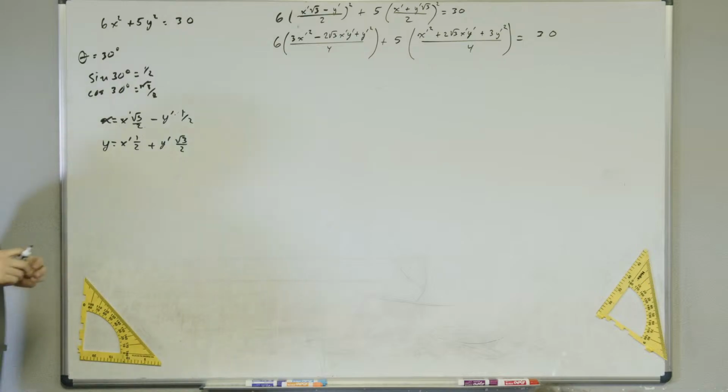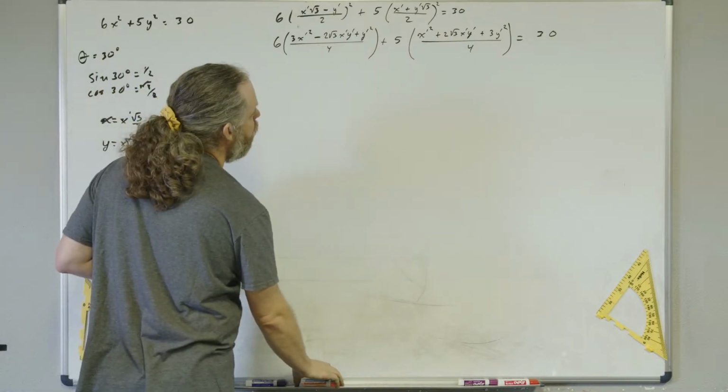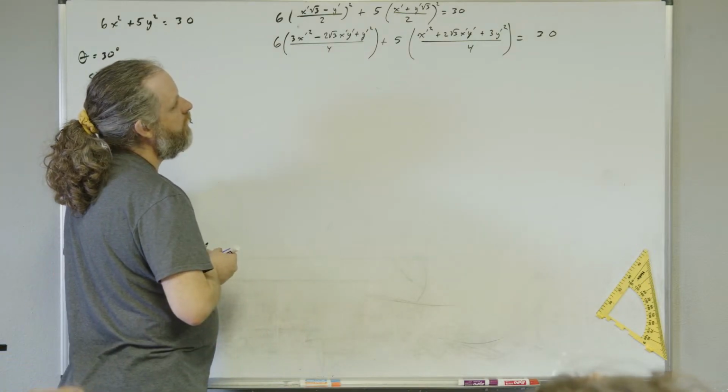We can multiply 4 on both sides if we want to, and distribute.